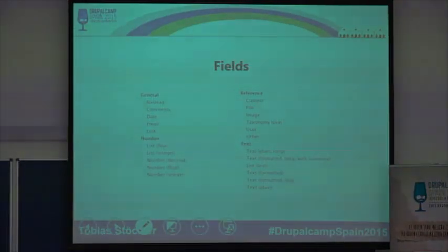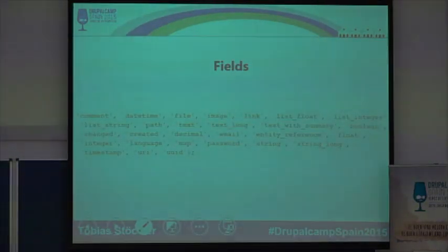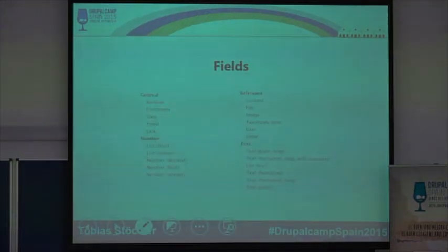And again, this is the list of field types. This is a screenshot, or an extracted screenshot, of the add field form in Drupal 8. So this corresponds to this list, except that some of these field types are not available from the UI, just because there's no real use case. But as you can see, there's a lot of goodies here in terms of field types in contrast to Drupal 7.